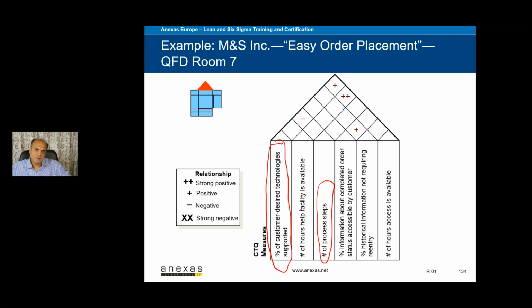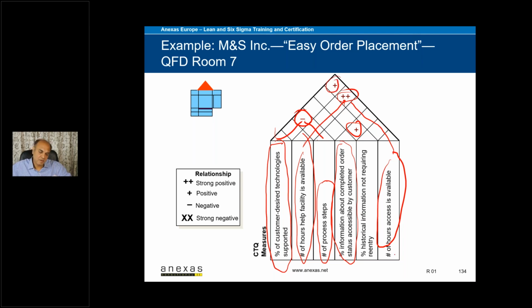Similarly, if I take the example of percentage of information completed, order status accessible by customer, if I increase that, it will simultaneously also increase the percentage of historical information not requiring re-entry. So they are supporting each other. This is a plus sign. And these two are not supporting each other, so there's a minus sign. And these two are highly supporting each other, so this is a plus sign, and for this also they are supporting each other.